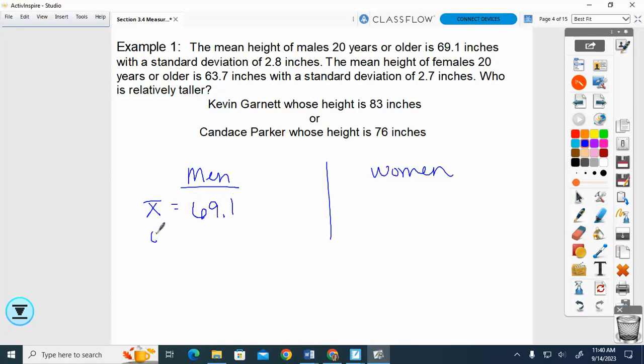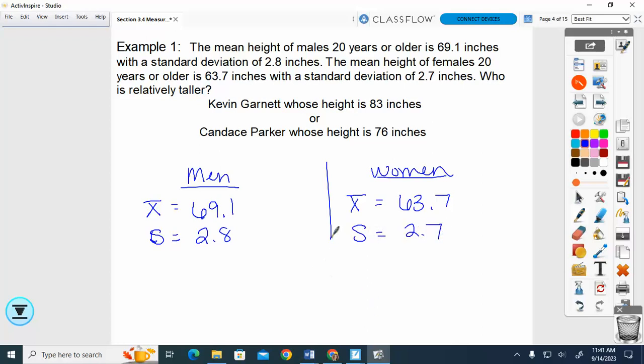And the standard deviation? Okay. For the women, the mean was 63.7, standard deviation 2.7.